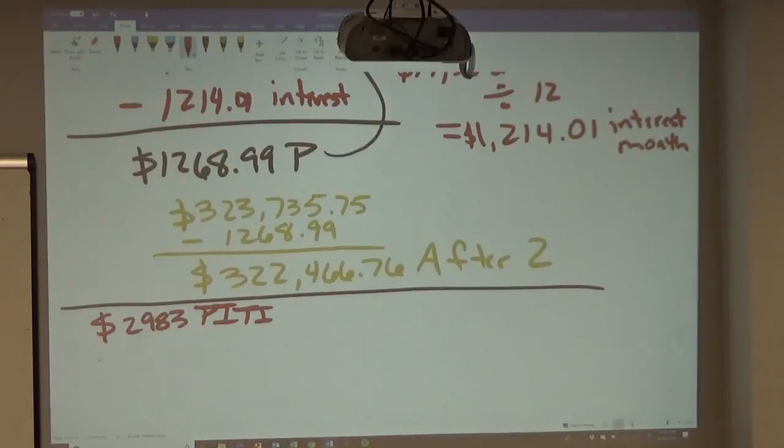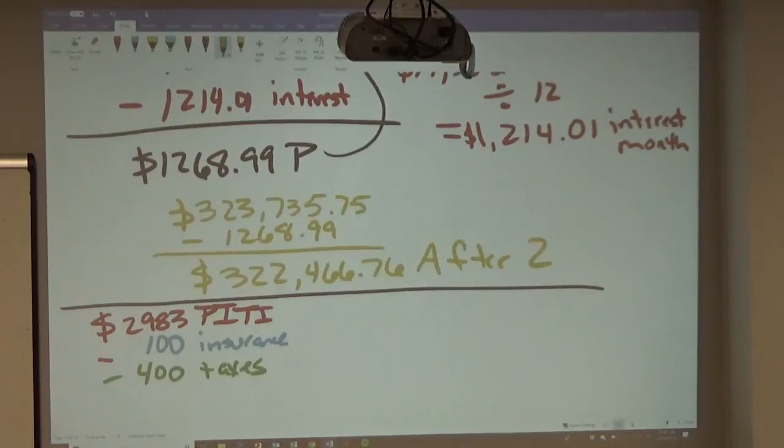Okay, and we've got $100 of that being spent on insurance, and we've got $400 of that being spent on taxes.